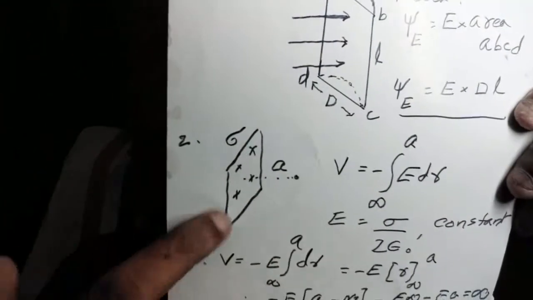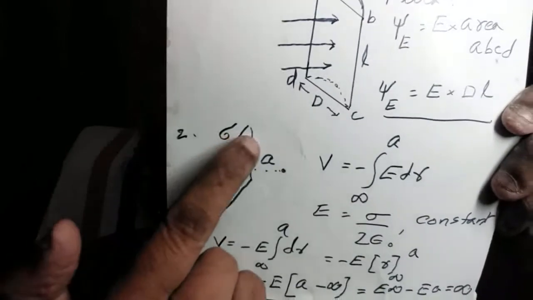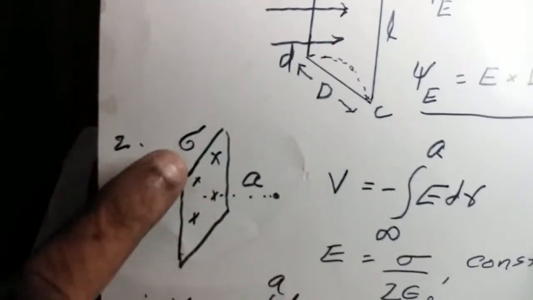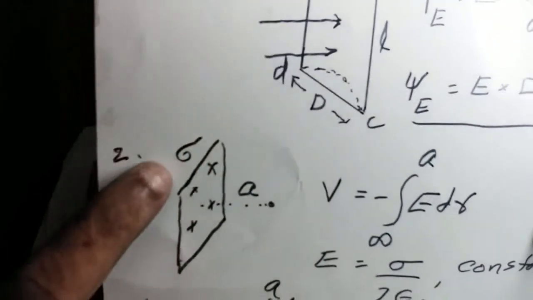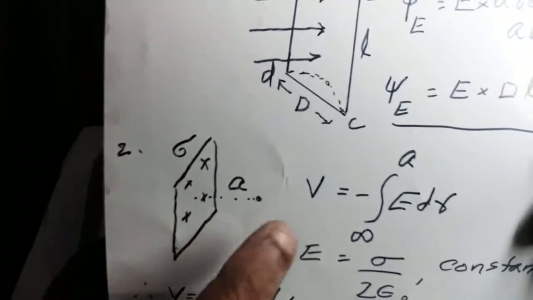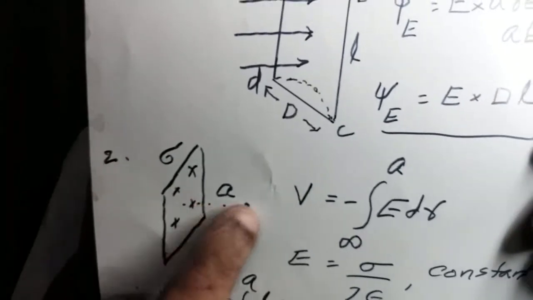I'm not giving you the choices, because you can use the formula as a piece of information for your use in exams. Say, this is the plane sheet of charge which is uniformly charged and charge density is sigma, charge per unit area. This is the point distant a from the plane sheet.